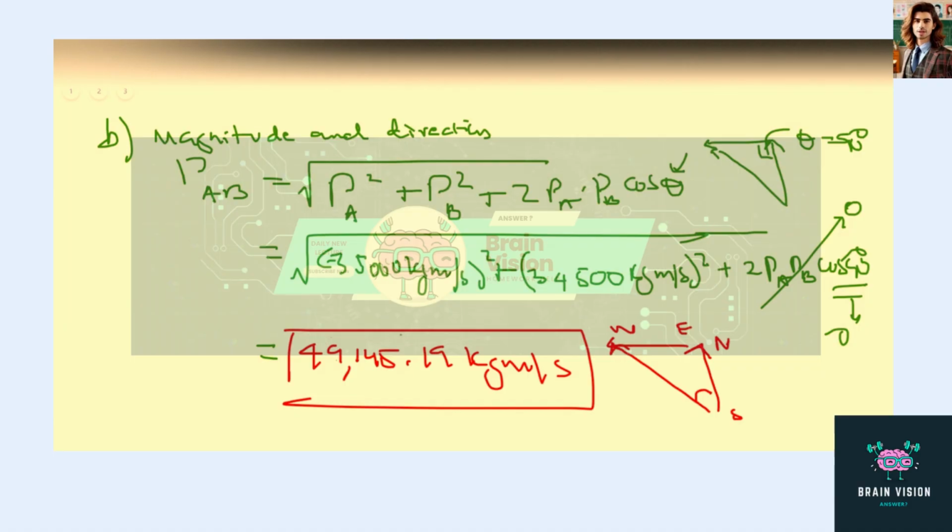So we'll say that the direction of the net momentum, not the pickup truck, now we want to be careful with that, the direction of the net momentum is northwest, and that happens to be 45 degrees.